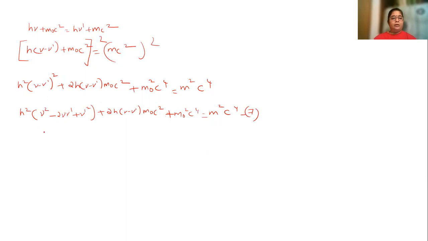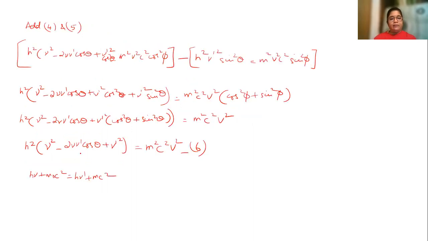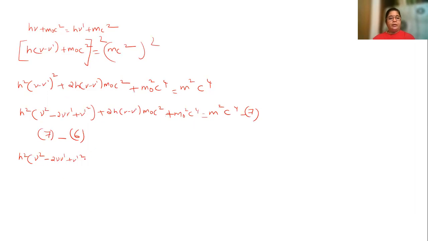Now go in for 7 minus 6. So let me say your 7 is h square nu square minus 2 nu nu dash plus nu dash square. So shall we combine the h square terms together? What do I have in 6? nu square minus 2 nu dash cos theta plus nu dash square. So what will I do?